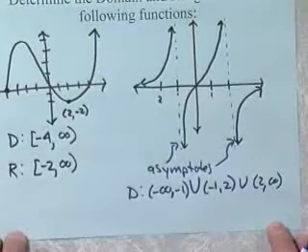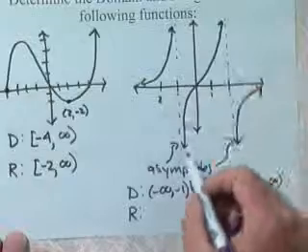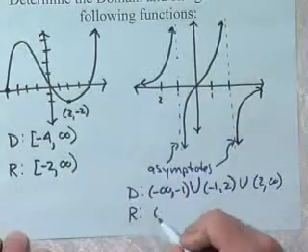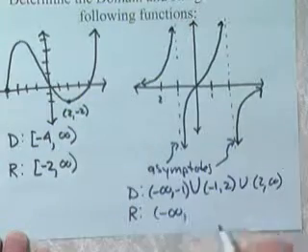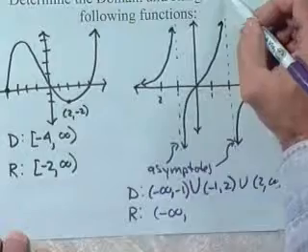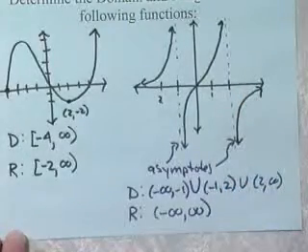Okay? Now the range, all we have to figure out is what's the lowest y value, and notice this arrow goes down forever, which tells us that the lowest y value is negative infinity. The biggest y value goes on forever in the positive direction, which tells us that the range is all real.